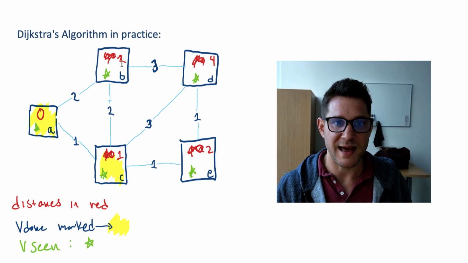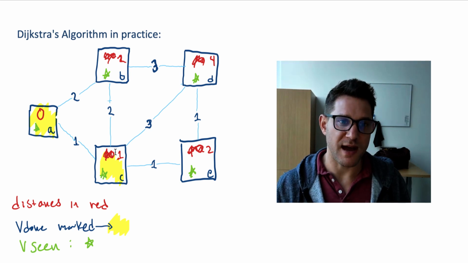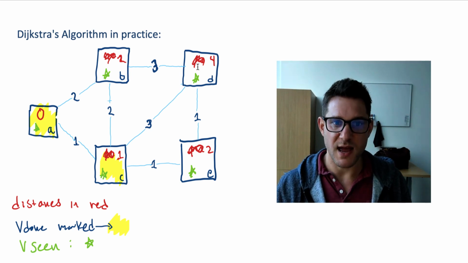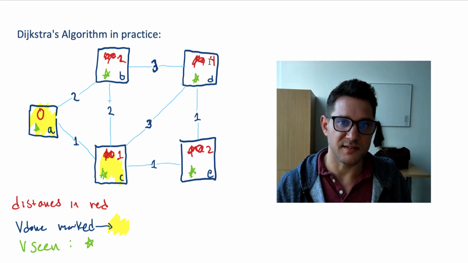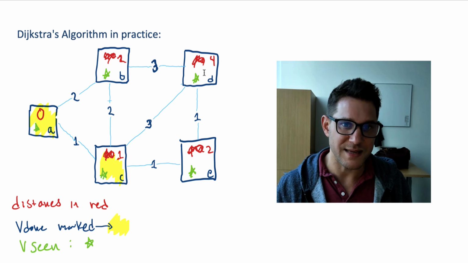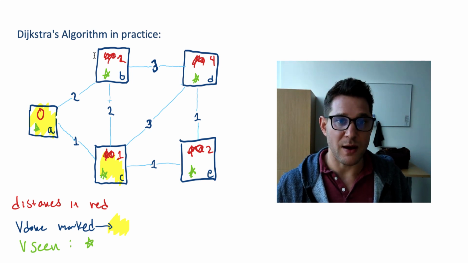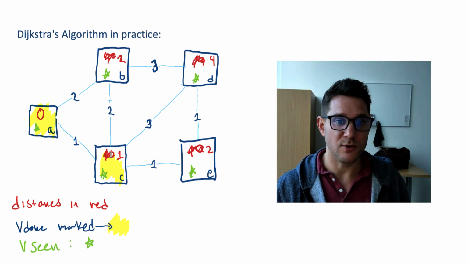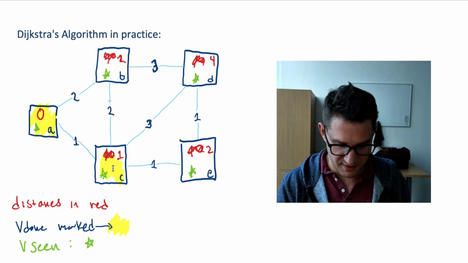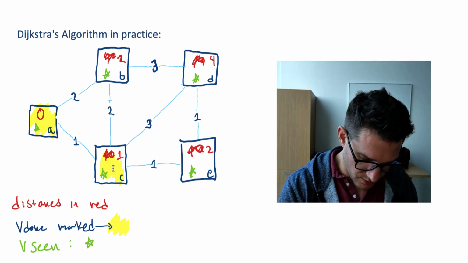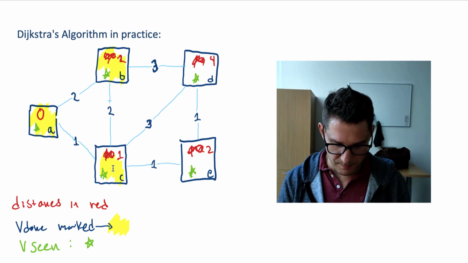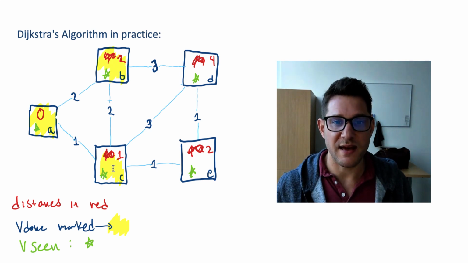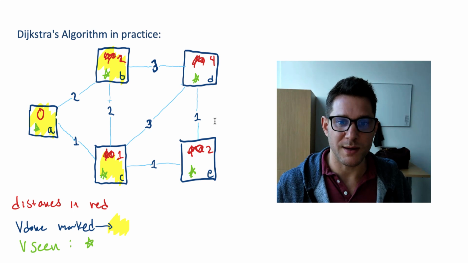And it turns out that this path, 2 plus 3, is not better than the path 4 that we already have. 4, of course, came from the fact that we could have gone first to C and then from C to D. So we actually do not update the distance value for this node D. We leave it as it is. That was the only node that B is connected to that isn't done. So we're done processing B. We mark that as yellow. B is now done.